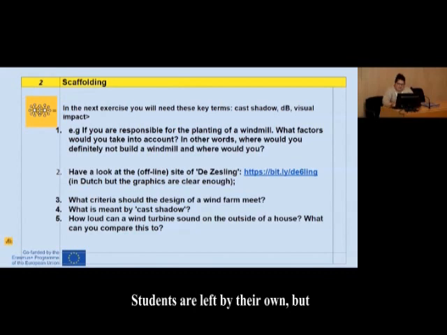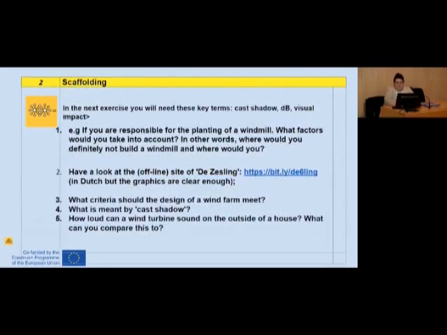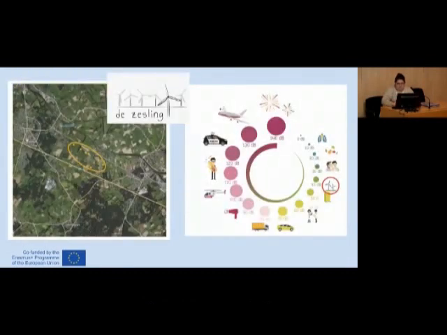Students are led on their own, but the teacher will be there to guide the steps. Modeling will be mostly done by the teacher. The teacher should present new data and then gradually let students do this by themselves.